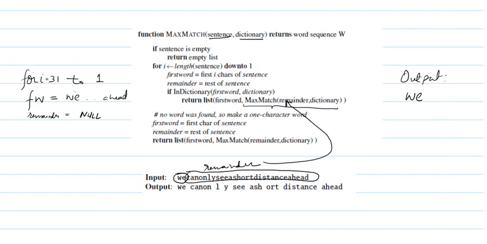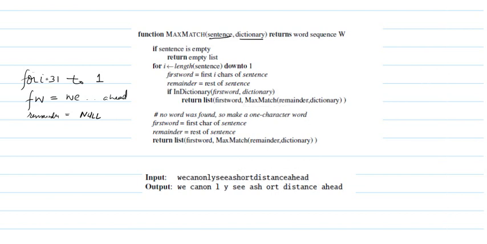So when it is called again, this whole thing except V will be the input for the algorithm, and it will again start from the last part, and now it will take this canon part. So the next return will be the canon. In this way the algorithm works.